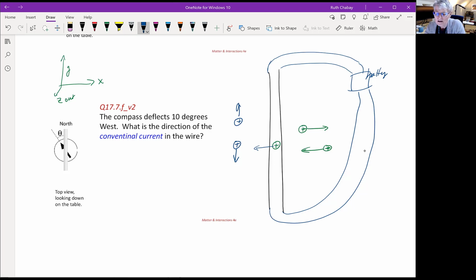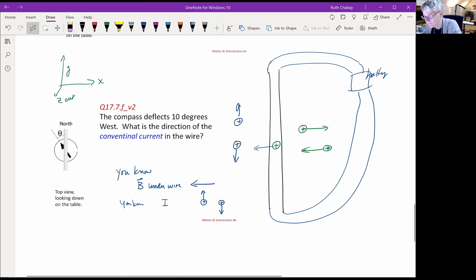So there's really only two possible directions for conventional current in this wire. Given that, you know that magnetic field under the wire points that way. And you know that conventional current either goes up or down. So there are really only two possibilities. So given those things, let's try again.